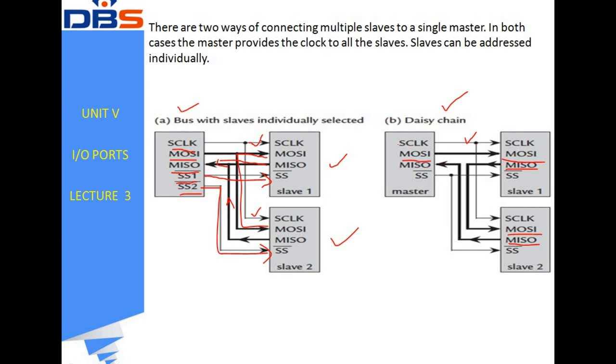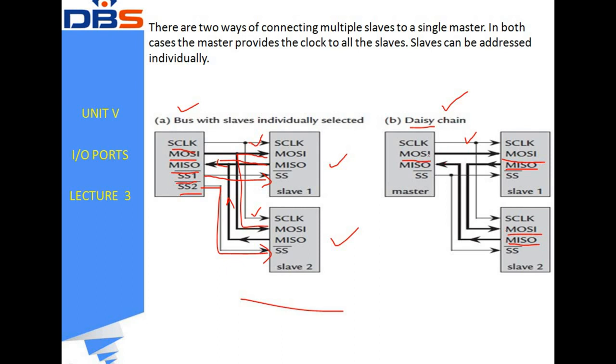I repeat, check it carefully. The system clock is given to both the slaves here. It is a common thing between daisy chain and the previous one. But coming to the next one, MOSI, master out slave in, in the first one the data is sent to both the slaves. Here the data is sent to only the first slave, not to the second slave. From slave 1 the data is transmitted to slave 2.